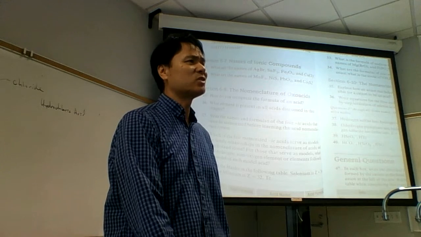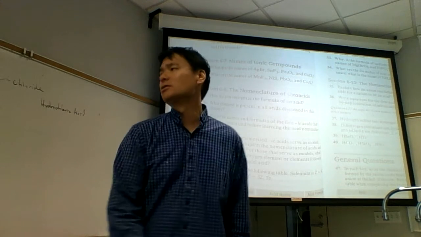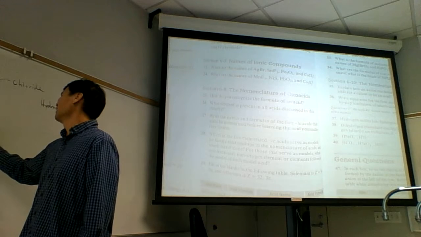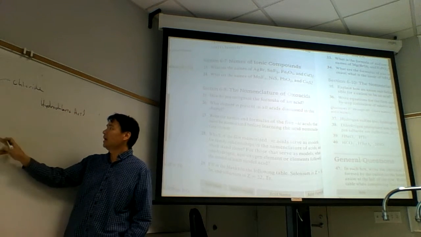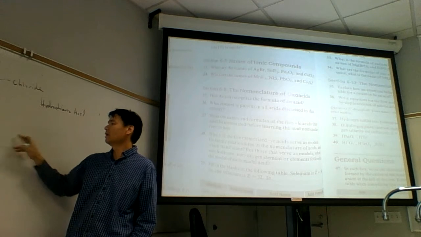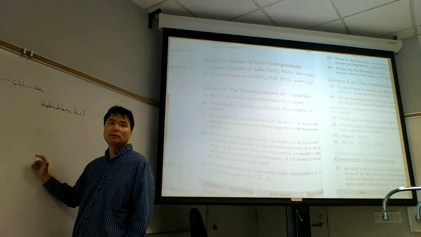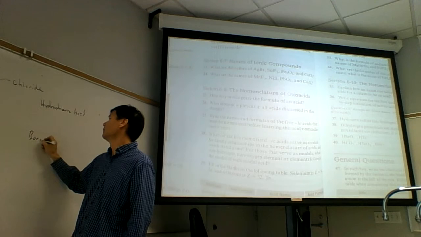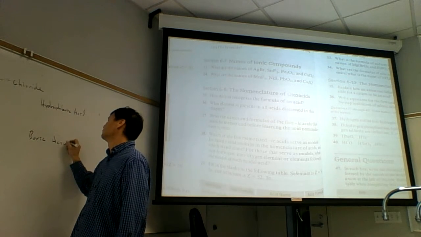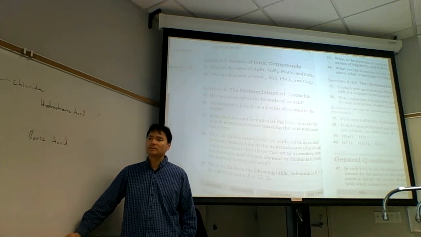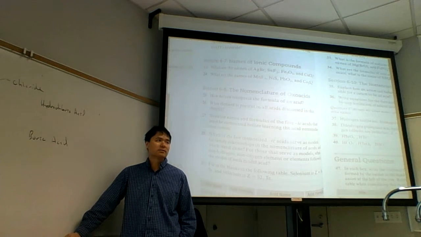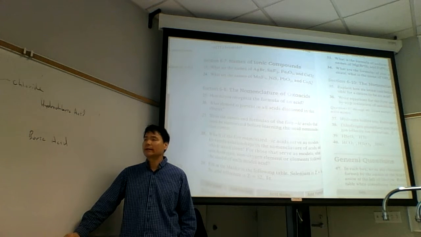So how many hydrogens would I need to balance out? 3 hydrogens. And so it'd be H3BO3. And so the anion's borate, therefore the acid will be called boric acid. And lots of examples. The anion acetate gives us acetic acid. Chlorate gives us chloric acid, etc.